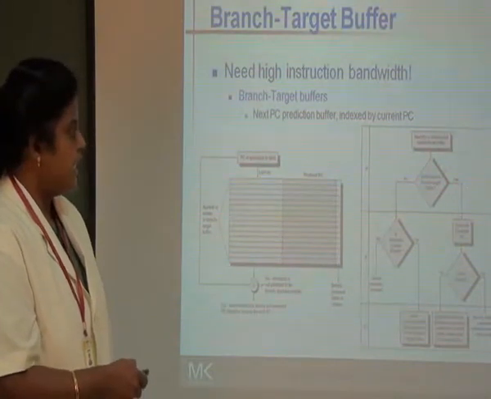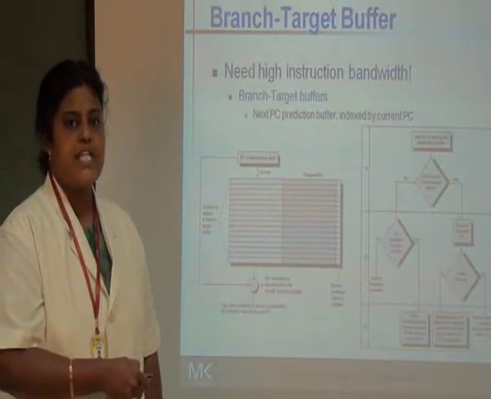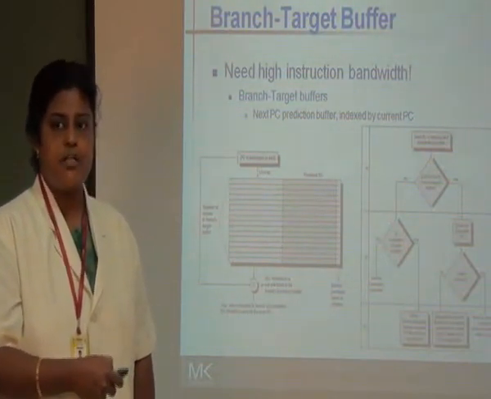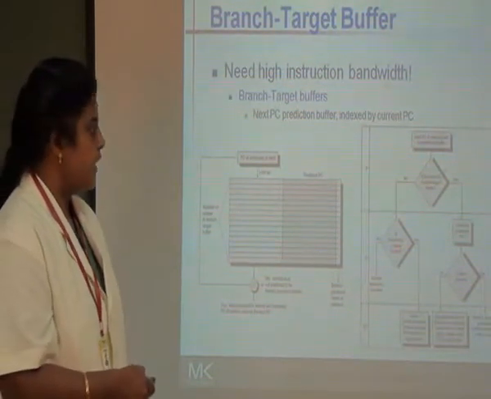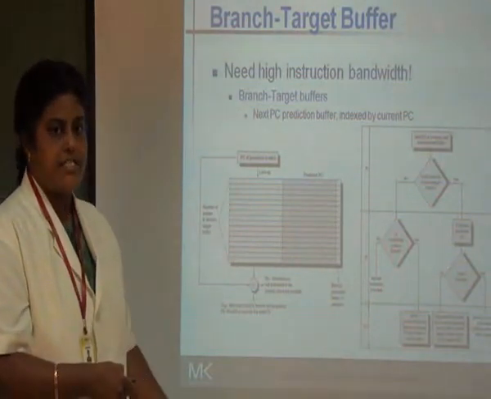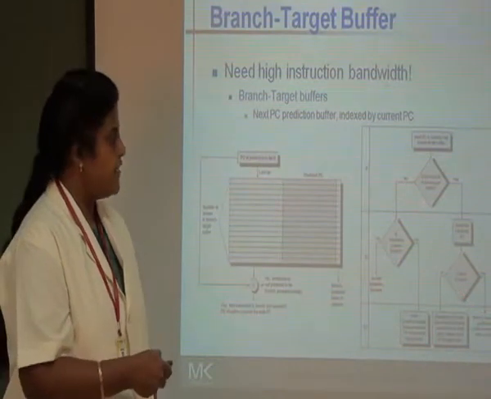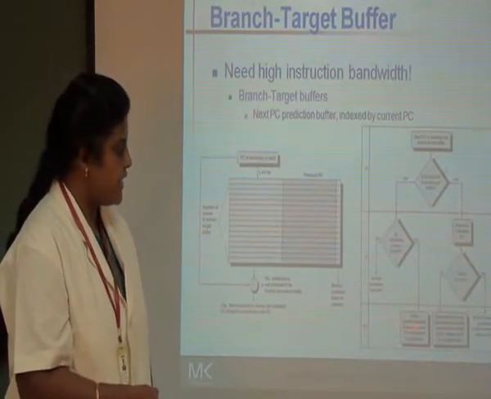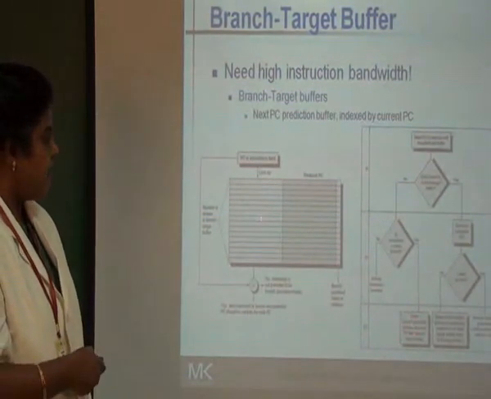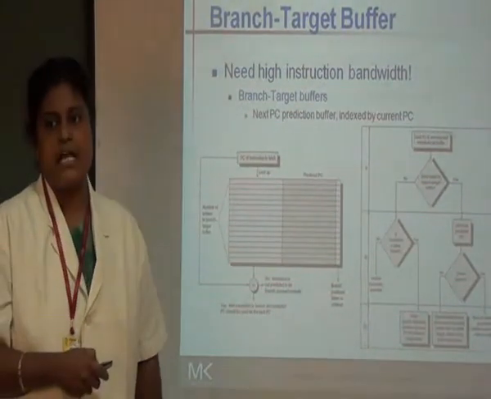On the other side, if the entry is not present in the branch target buffer, it means that the instruction is not a branch instruction, it is a normal instruction, so it continues with the normal instruction execution. If it is a branch instruction, we take the branch prediction at the instruction address, find out the PC and continue with the actual execution from the target buffer.